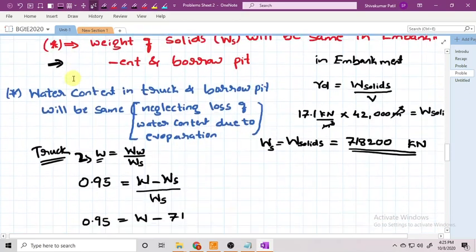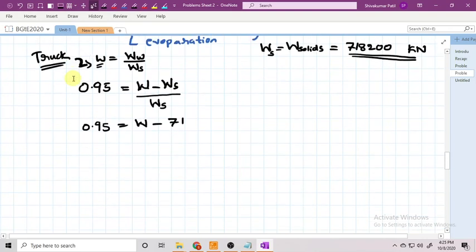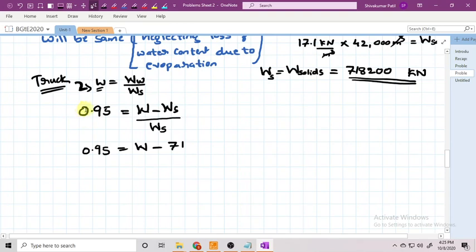So this 9.5% is there. Yeah, 0.095 I should write, this is not 0.95. So let me erase this one and start from the beginning.